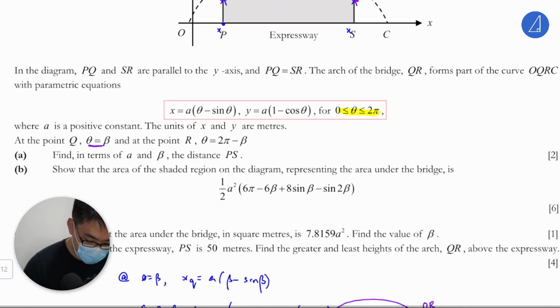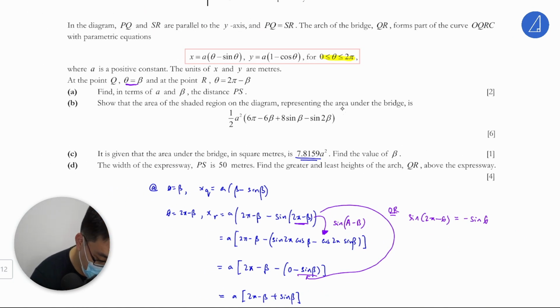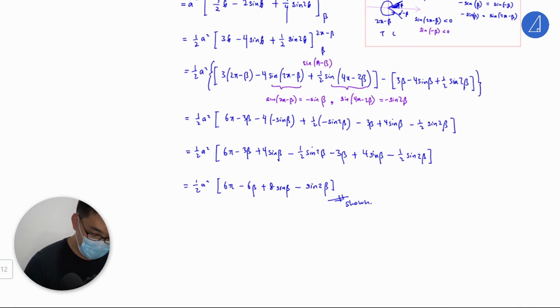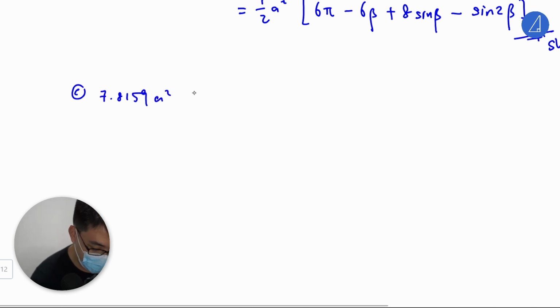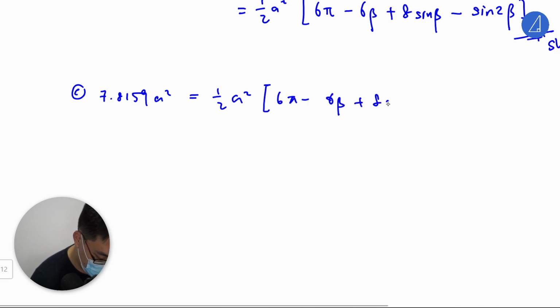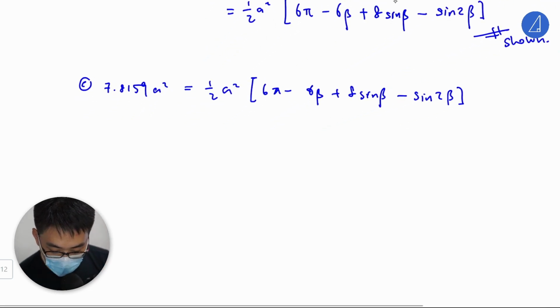So for this one here, you are told that the area is this one. Find the value of beta. So I'm just going to equate this to the area. That's pretty okay. So part C, 7.8159. Okay, this one here, please use calculator to solve it.